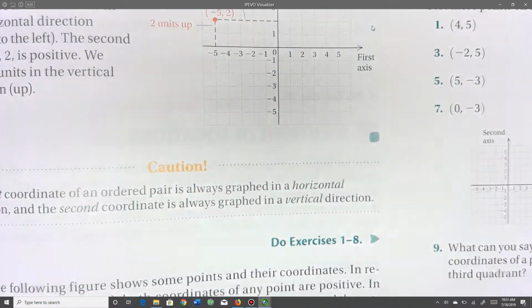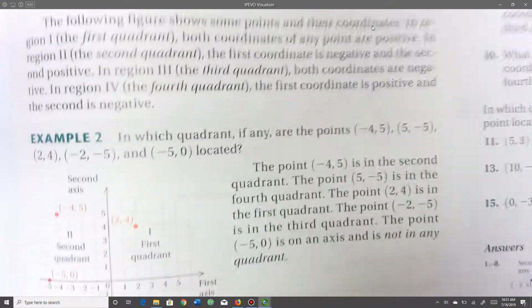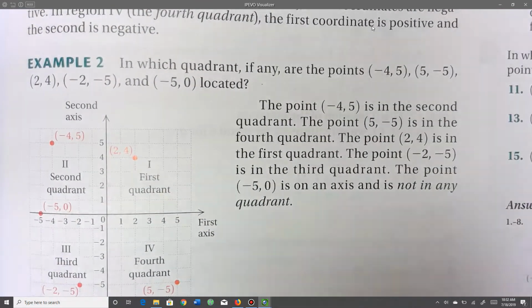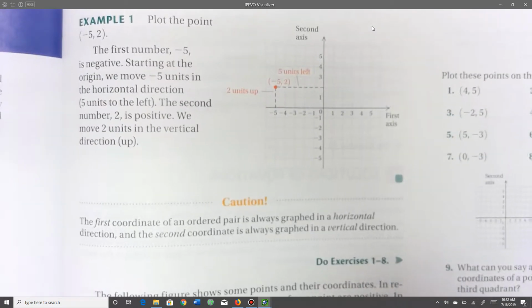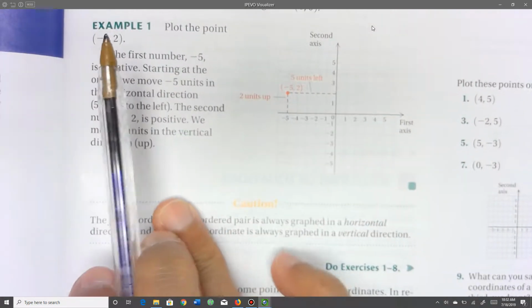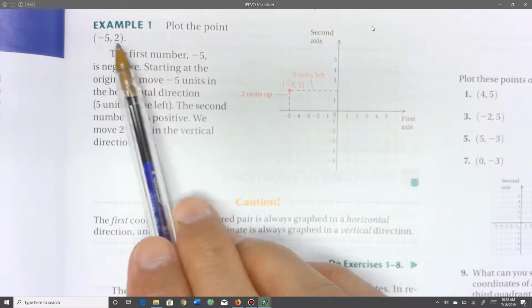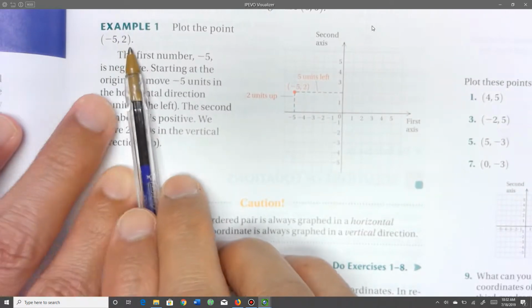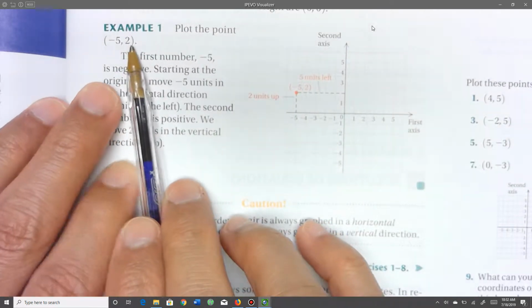Hold on. And then from here, let's go to an example. Well, example 2. Well, there's example 1, you know, if you want to look at it, but I think we already worked on plotting a point already, so you are familiar with it now.